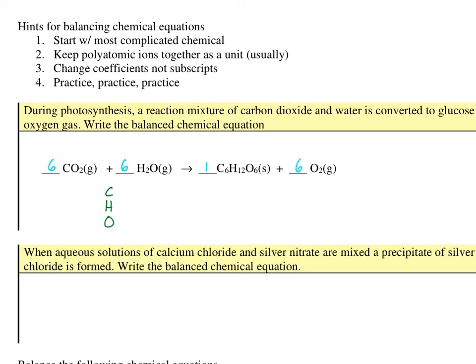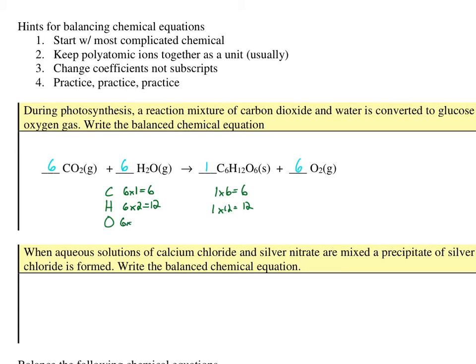oxygen atoms. A quick sanity check. We have 6 carbon atoms in the reactants, and we have 6 carbon atoms in the products. For hydrogen, we have 12 in the reactants, and we have 12 in the products.